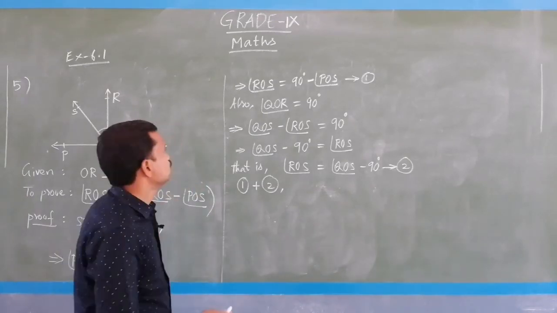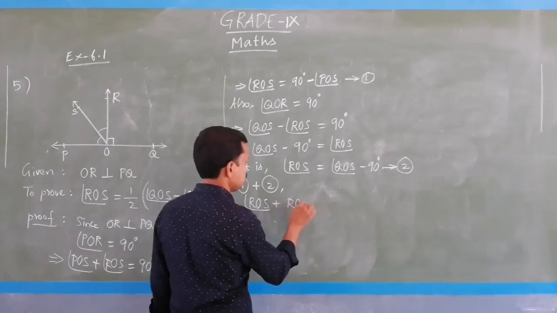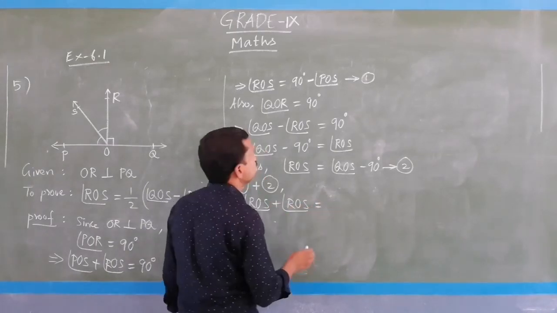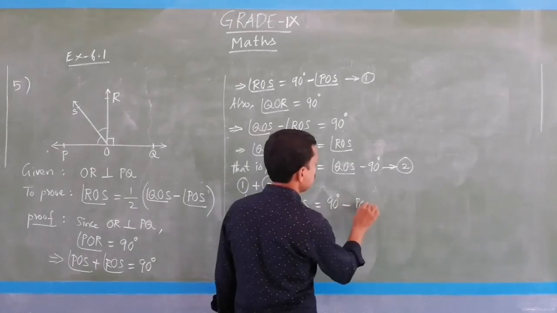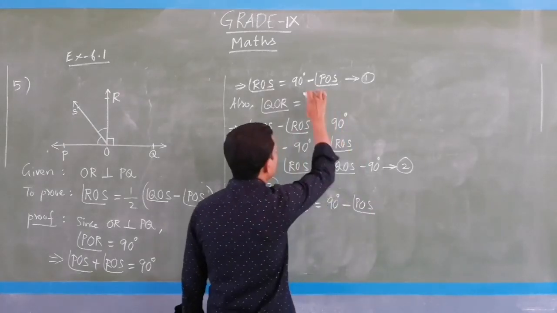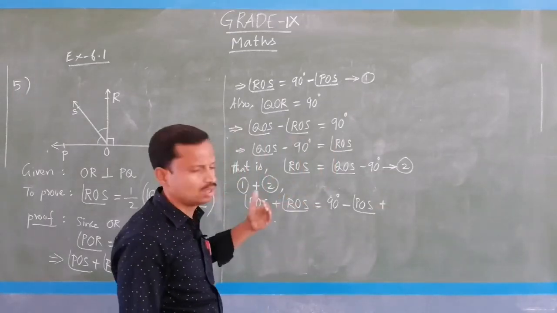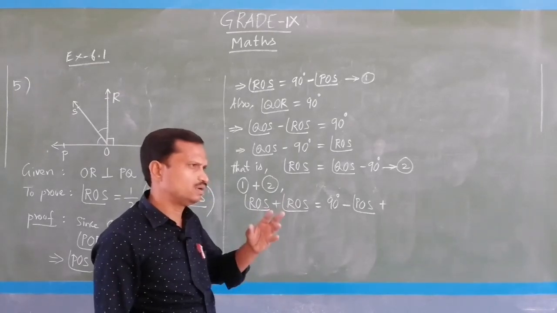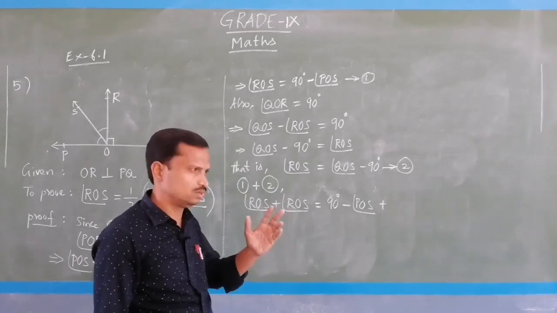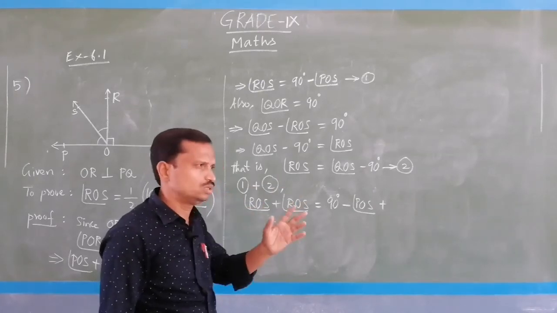So, ROS plus ROS is equal to, what is on the right side? 90 degree minus POS. First you write this one and then plus. So we are adding the sides, no problem occurs, but if you subtract, then you have to put a bracket, because a minus will come before it, and you have to remove the bracket by changing the sign.